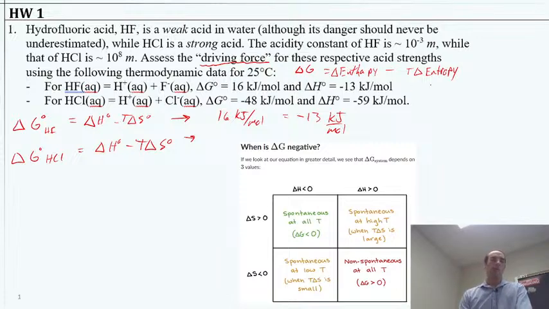Because we have one equation, one unknown, if we take 13 and add it to 16, that gives us 29 remaining. So that's 29 kilojoules per mole.